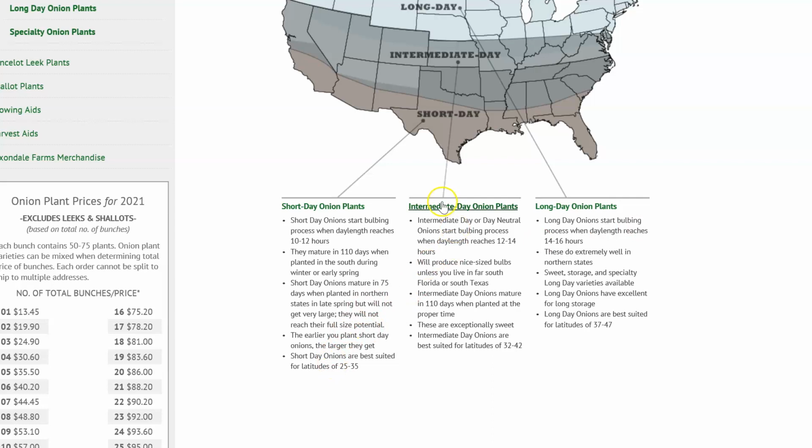I could have selected the intermediate also, based on my latitude, because in my location I'm at latitude 33. Pretty much the short day goes 25 to 35, but the intermediate is from 32 to 42. So it is possible to select intermediate day onion plants also for our area.